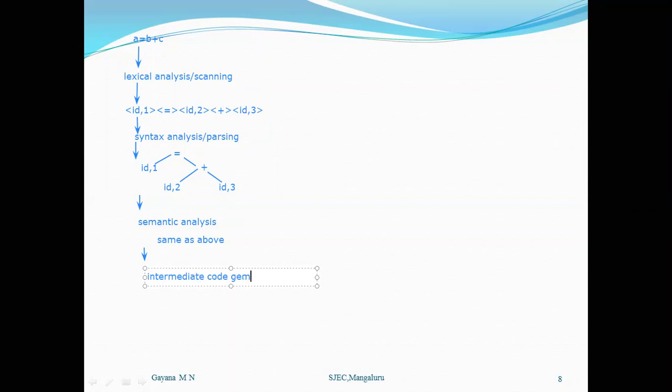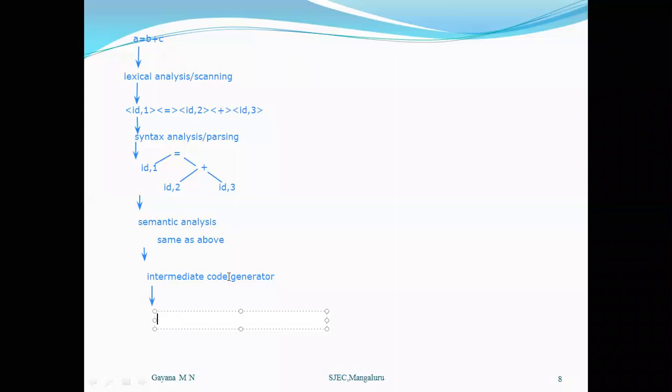So what does the intermediate code generator do? It tries to generate the machine language statements, wherein the representation used here is called 3-address code. Fine. So in 3-address code, the representation makes use of some temporary names. So here the statement would be written in this way.